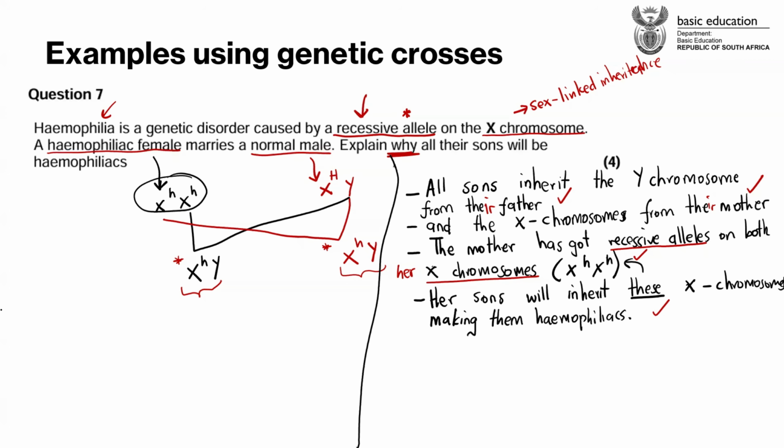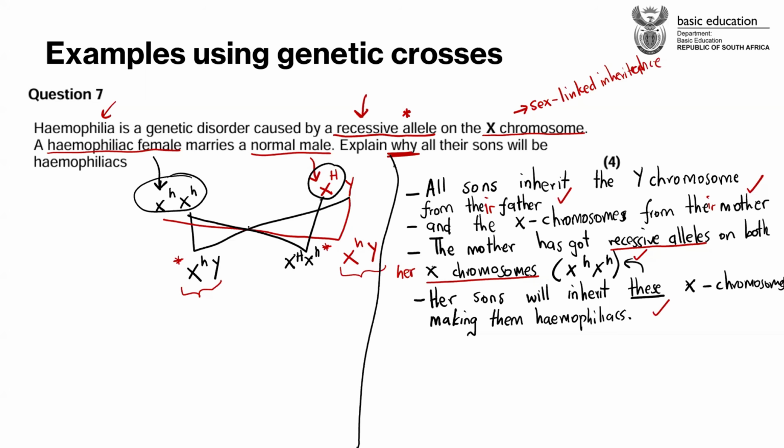Exactly. So here, all the sons, that's why it's specific, all their sons will be hemophiliacs. But if they ask you the condition for the females, they are going to be normal, because the X chromosome from the father, which is X with the capital letter H, when we cross it with these ones, we're going to get all heterozygous conditions.